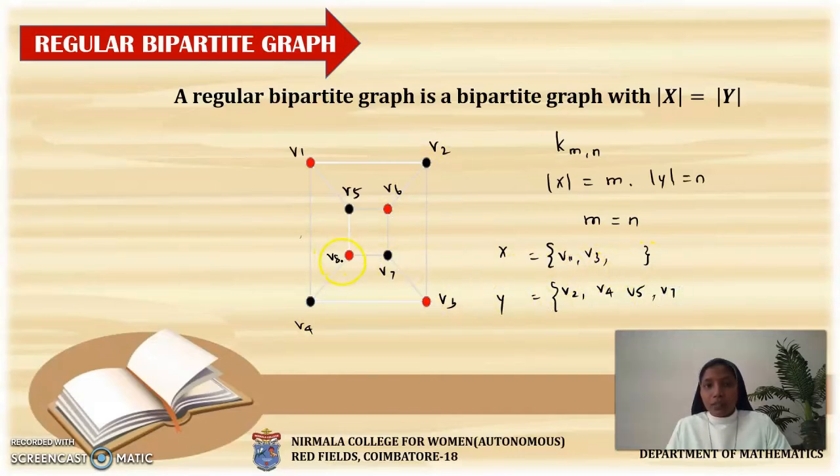Next, the vertices V8 and V6 are non-adjacent to V1 and V3, therefore they could be in X.